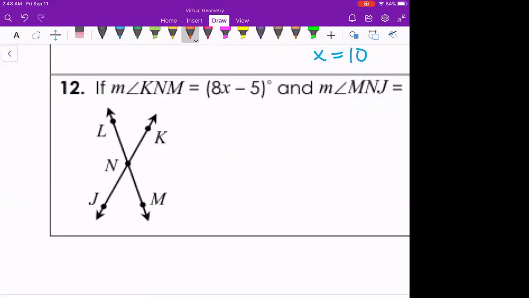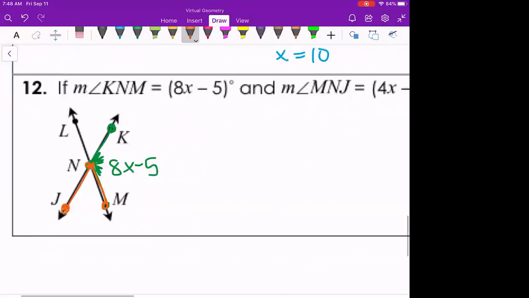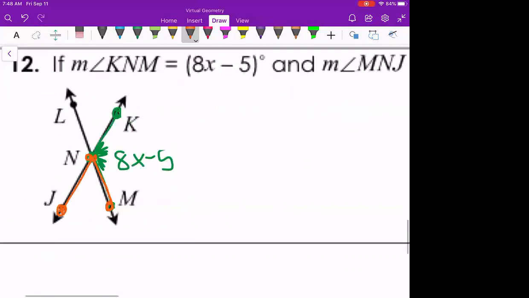All right. So we have the measure of angle KNM. So start at K, go to N, out to M. That's this space on the right. And this is 8x minus 5. Then we have MNJ, which is 4x minus 19.